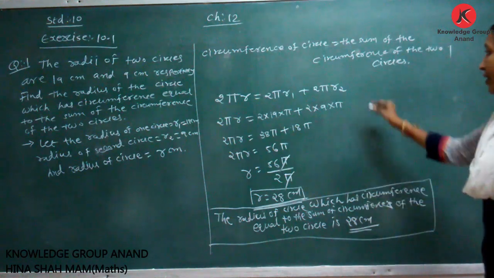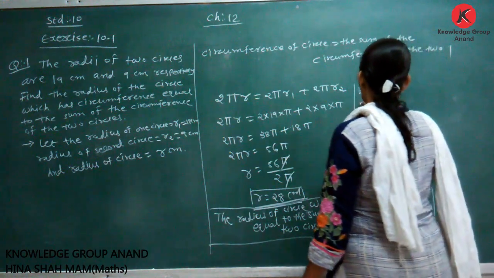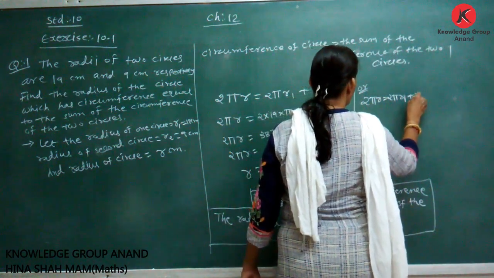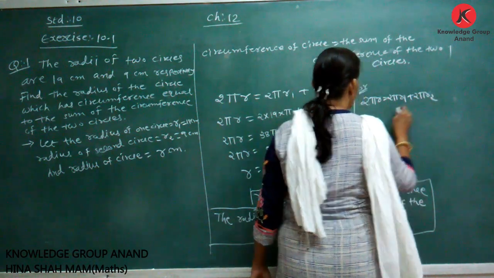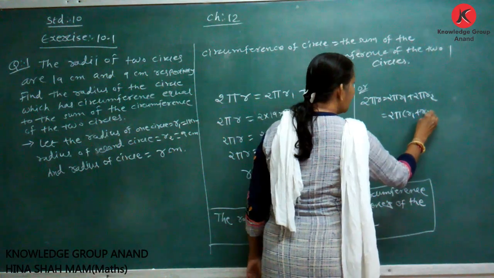Otherwise we can write it like this: 2 pi r equals 2 pi r1 plus 2 pi r2. Here the common part is 2 pi, so 2 pi times r1 plus r2.